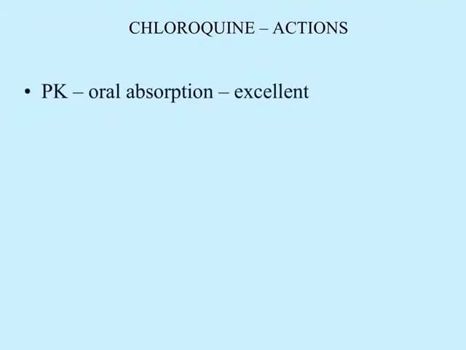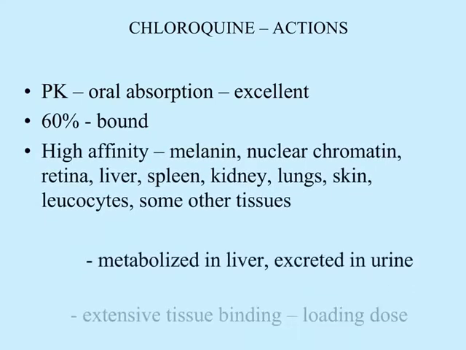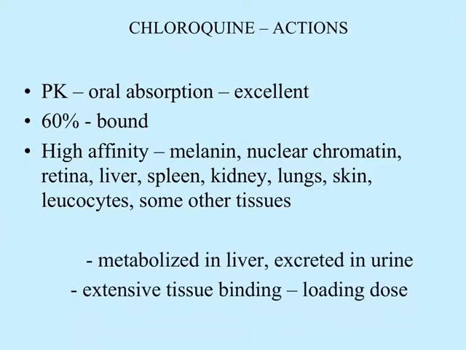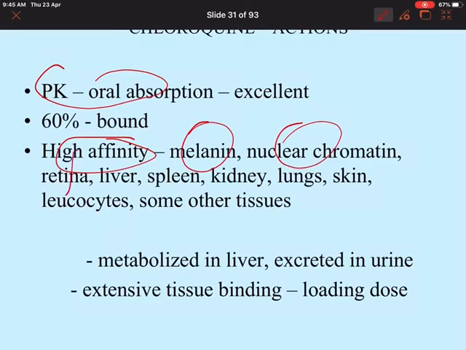What are the other features of chloroquine? It has good oral absorption, and it has high affinity for structures, especially those which are colored, like the melanin, nuclear chromatin, retina, liver, kidney, lung, skin, leukocytes and spleen.